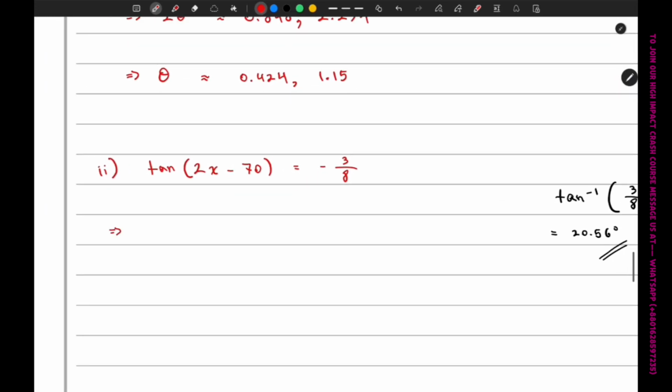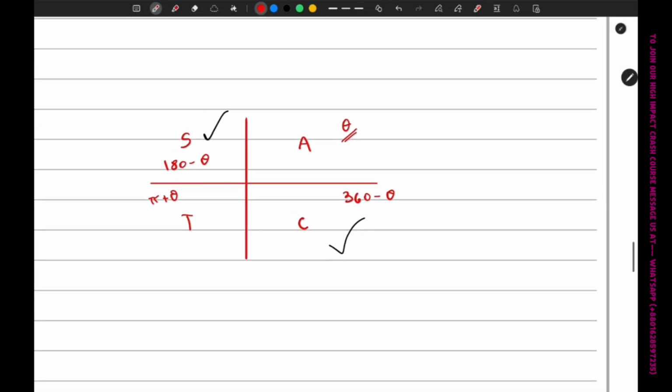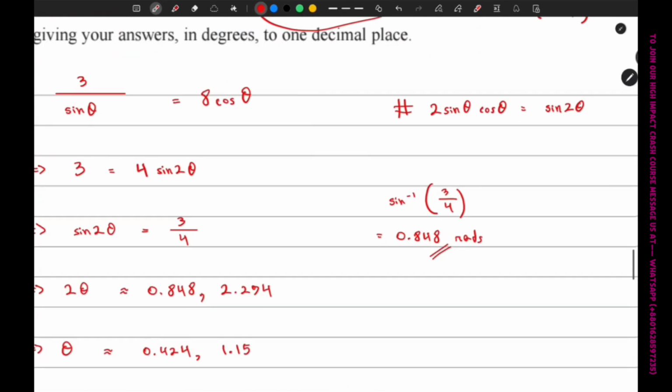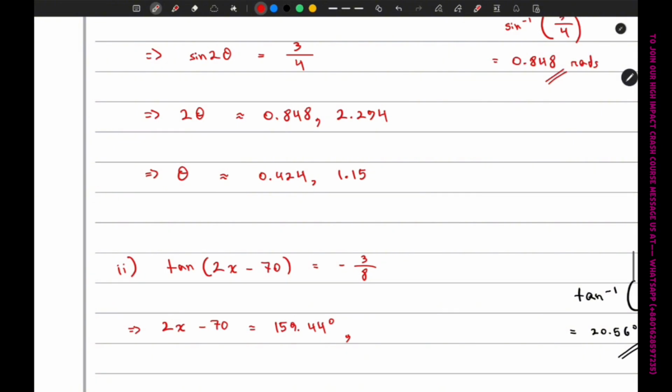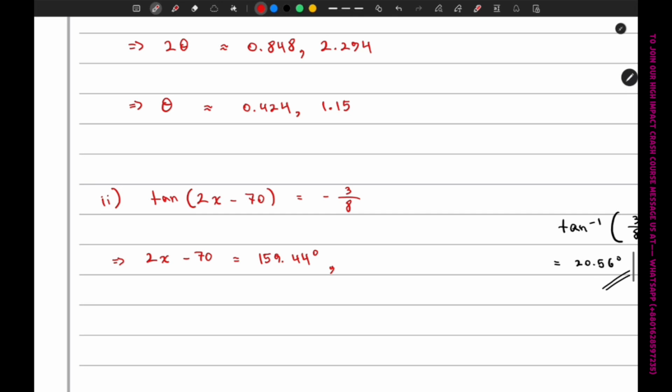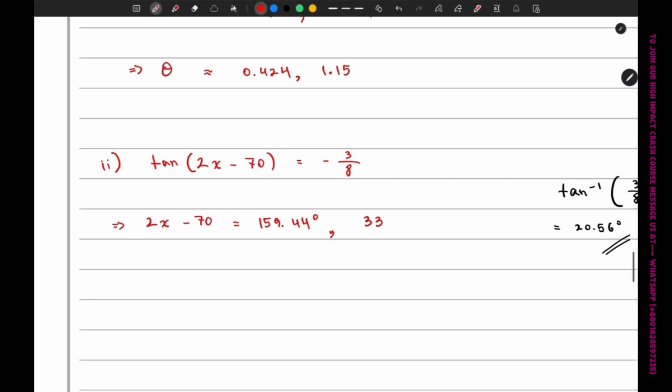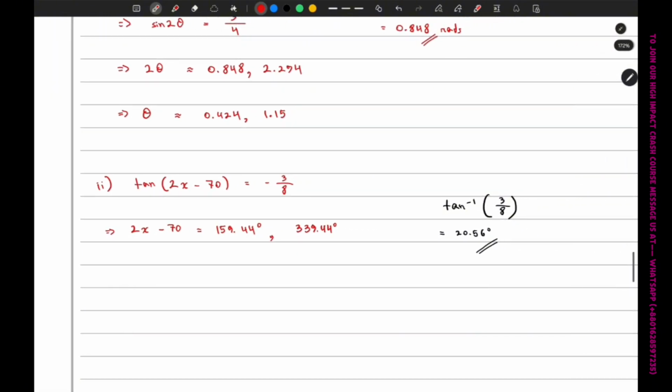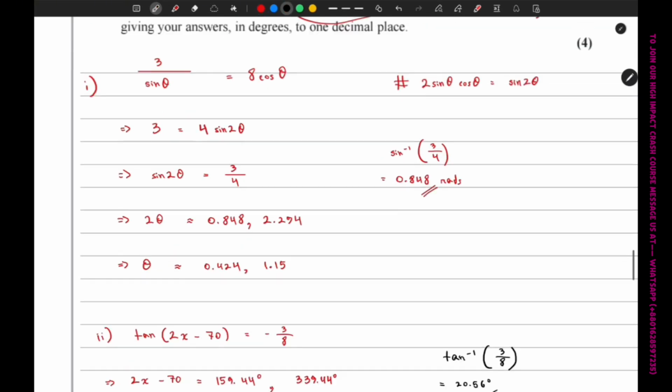Now the other solution will be 360 minus theta, that is 360 minus 20.56, which is 339.44 degrees. But the thing is that this solution is not in range.